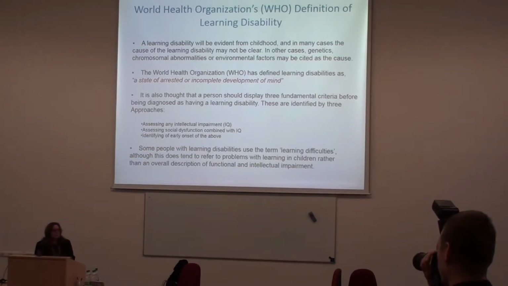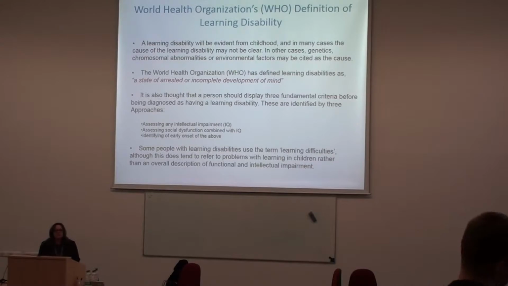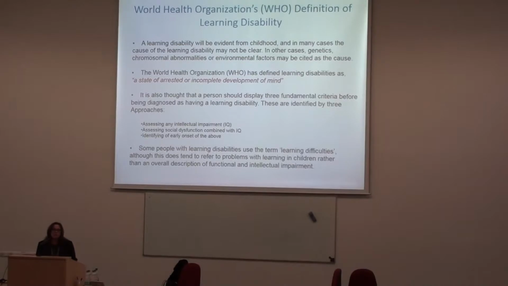So when we talk about learning disability, our terminology includes the word specific. And a specific learning disability is different than generally low average ability. So generally low average ability for us is not a specific learning disability.